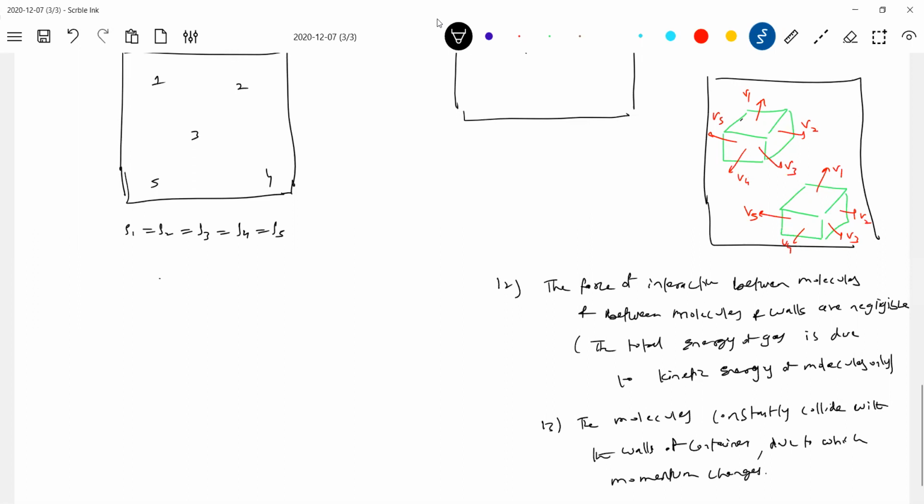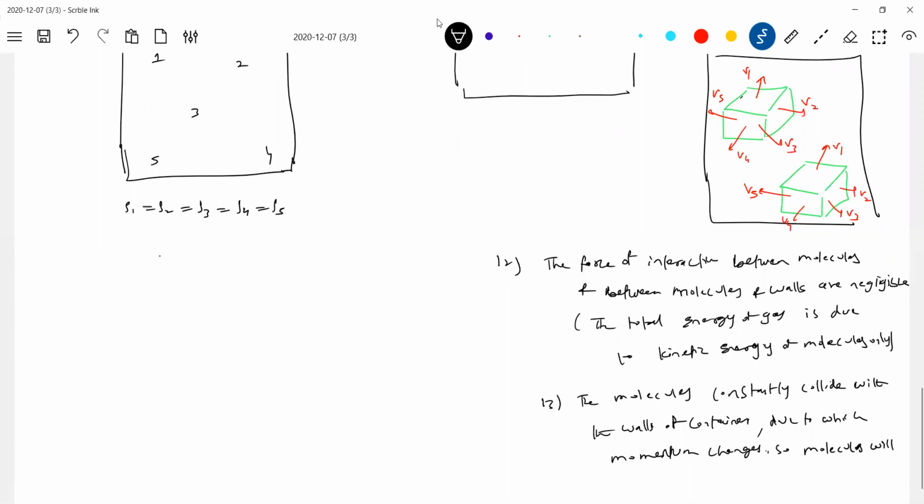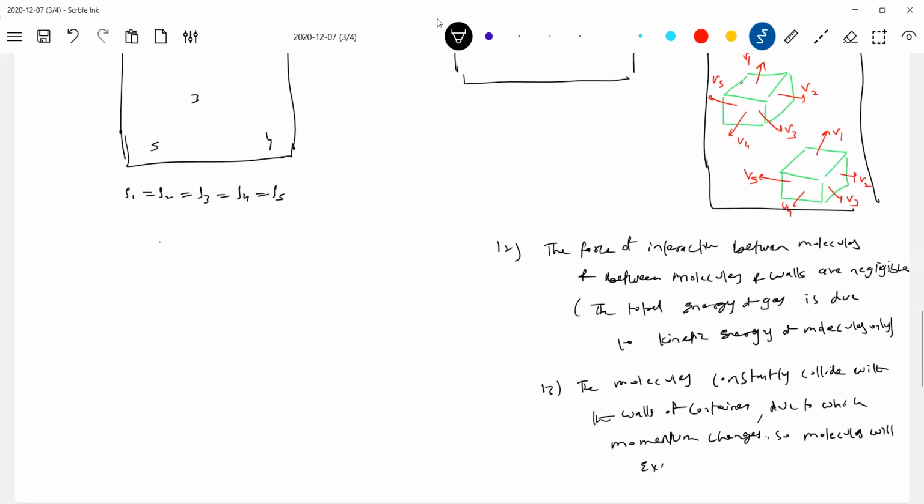The change in momentum per unit time is nothing but pressure. So molecules will exert pressure on the wall, and that is what we call the pressure of a gas. These are all the postulates.